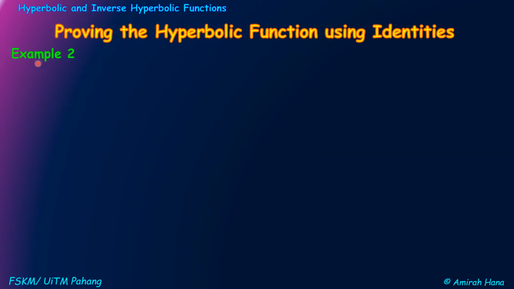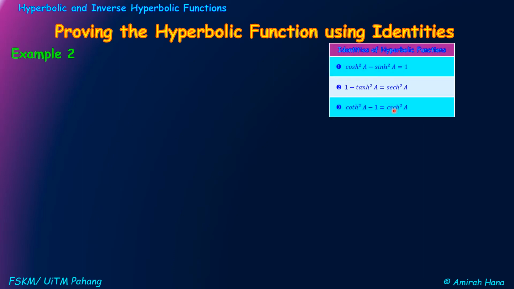Alright, now we continue with example 2 under proving the hyperbolic function using identities. Hyperbolic identities means this formula. Now we go back to example 2. Verify the hyperbolic identity sin x over cos x minus cosec x equals cos x plus 1.